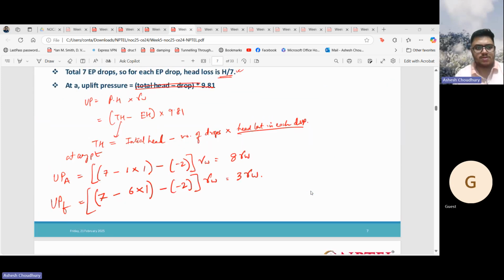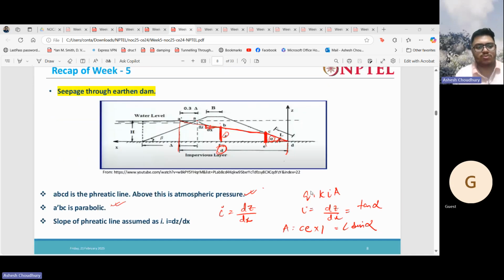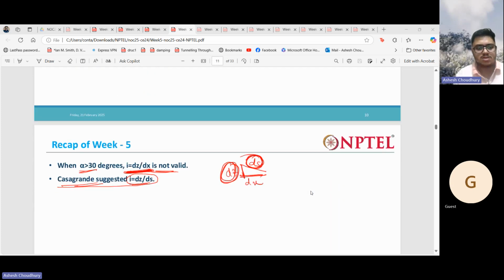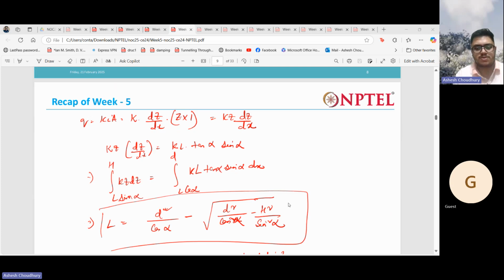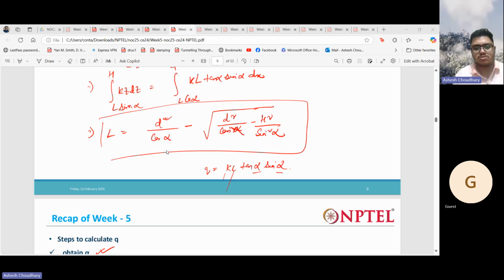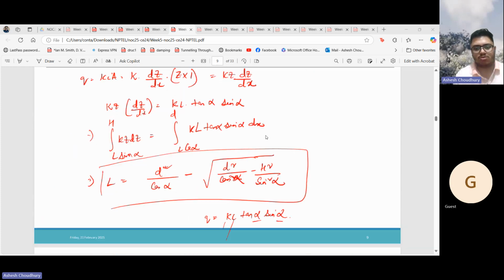Then we have seepage through earth dams. How can we do that? We have the solutions, like the Casagrande solution, which gave expressions using which we can calculate the seepage through earth dams. So k L tan alpha sin alpha: alpha you can get from your earth dam geometry, k you know for the soil, and L you have to find out using this particular expression.